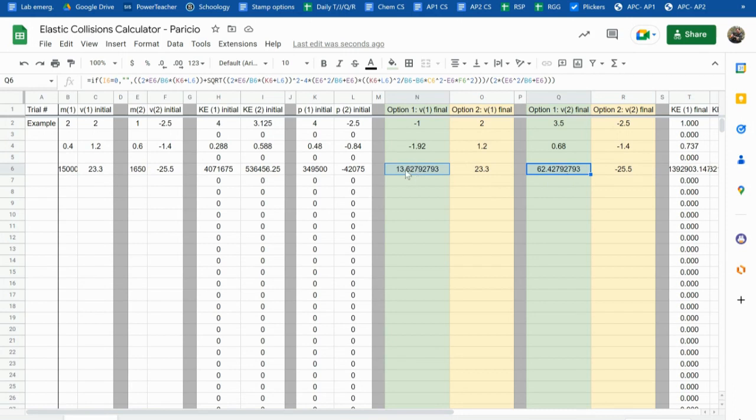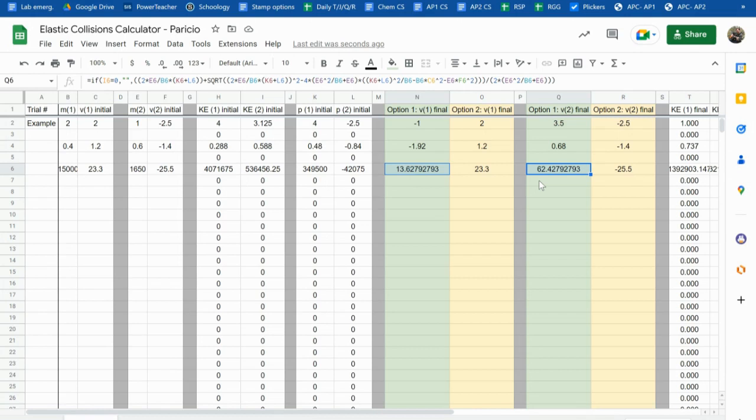Our truck was moving at 23.3 meters per second. Now it's moving at 13.63 meters per second. The sedan was moving at negative 25.5, and now it is moving at positive 62.43.